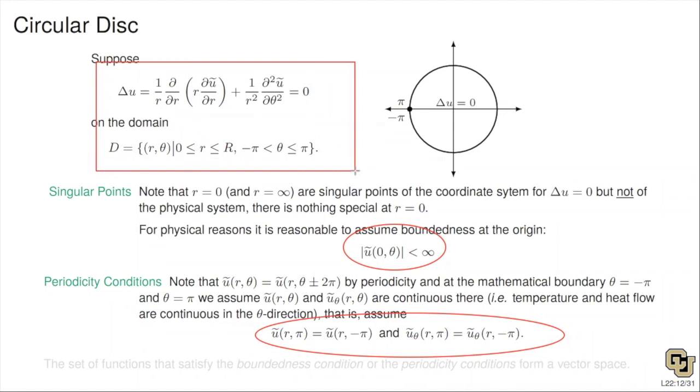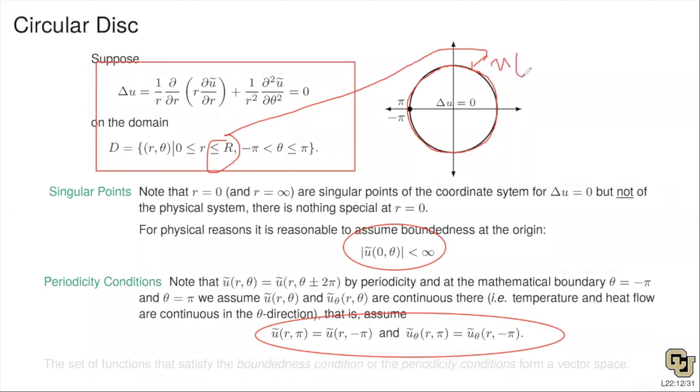And so we need one more final condition. It's a physical one: what's the temperature when r equals capital R? So there's this boundary of our actual domain when you're considering inside the disk. Here we still need to say, okay, when r equals capital R, what's u doing?